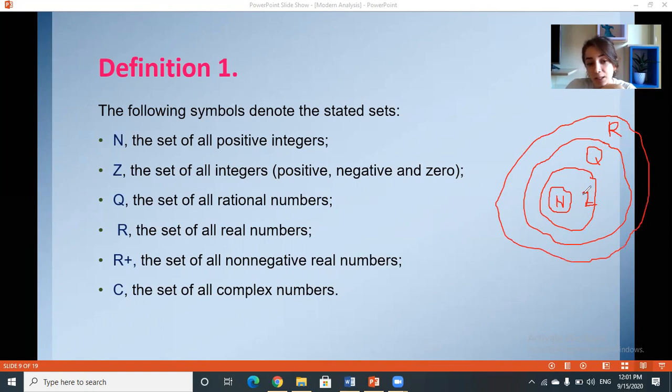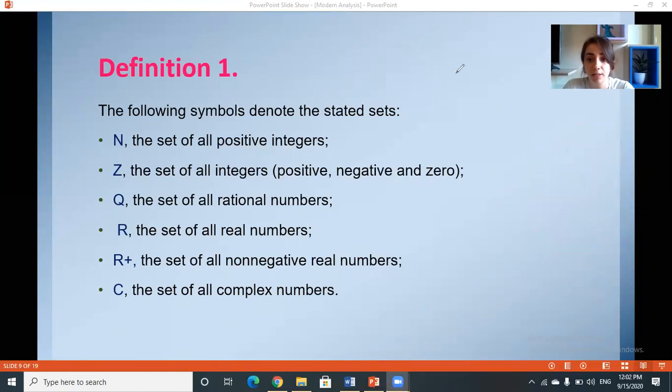Here, R plus is included in R, or sometimes you can write it like that. R plus is equal to the set of positive numbers, okay? Just positive real numbers. Positive R, not negative. C is the set of all complex numbers, and we recalled complex numbers in the previous chapter, in the previous slide.